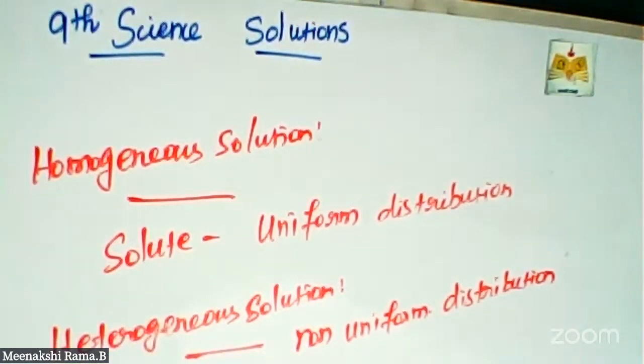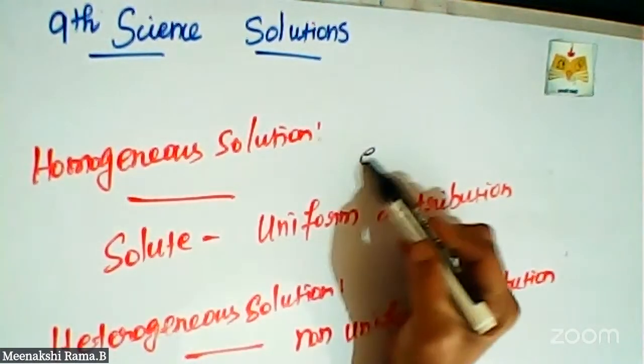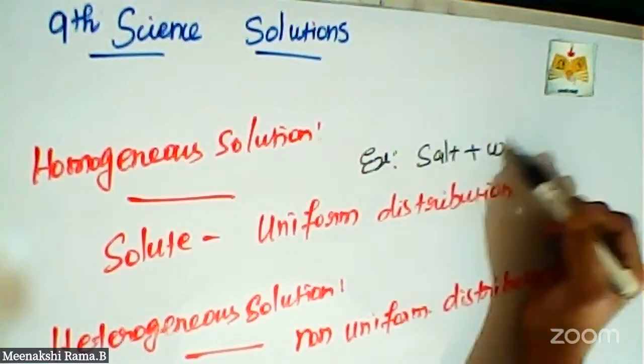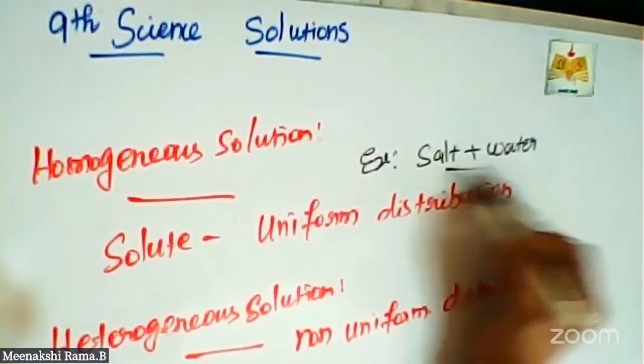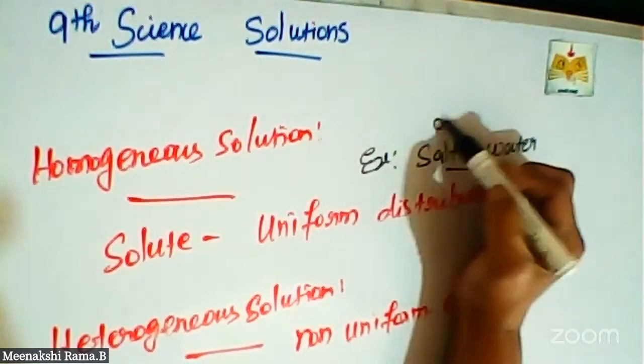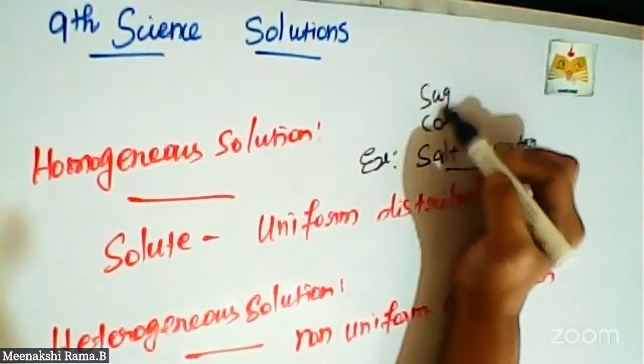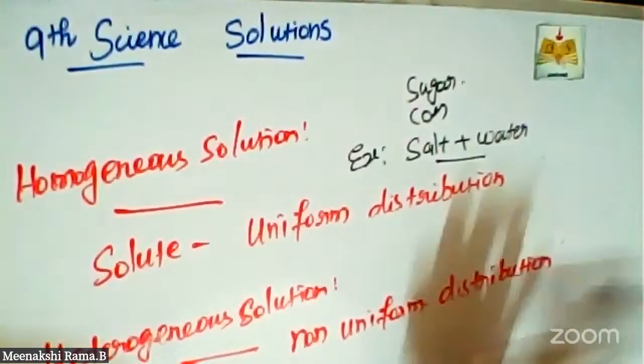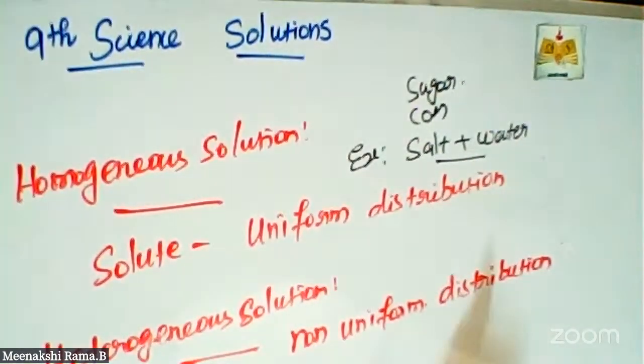Homogeneous solution, for example, salt plus water. When we add salt or sugar in water, the sugar and the salt completely dissolve into the water. Water acts as a solvent.